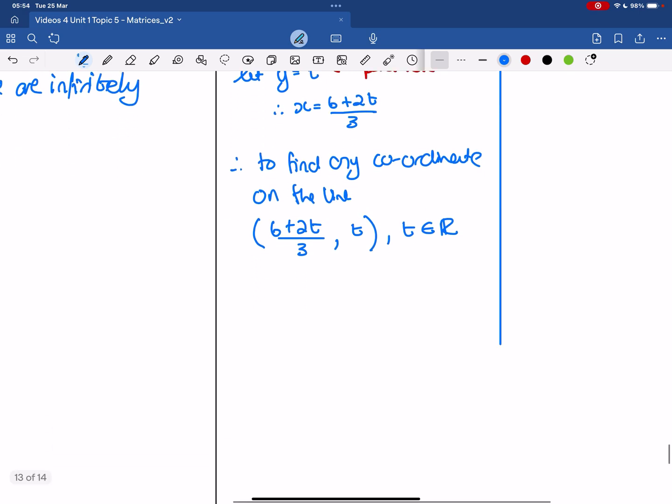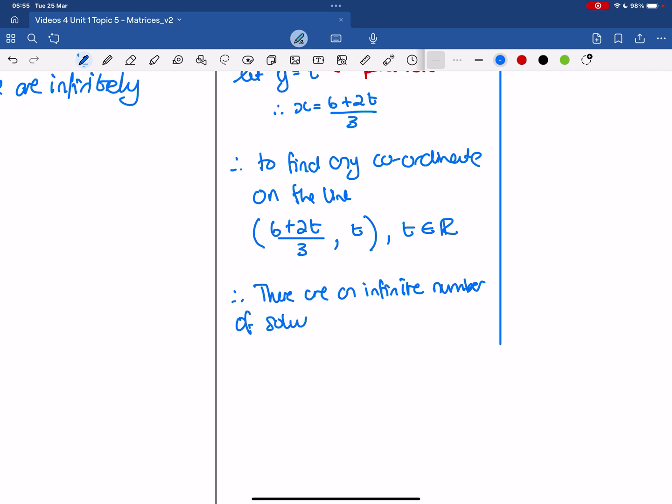And that's my infinite number of solutions. So therefore, there are an infinite number of solutions of the form, and I am going to simplify that fraction, 2 plus 2 on 3 t, and t, where t is an element of the real numbers.